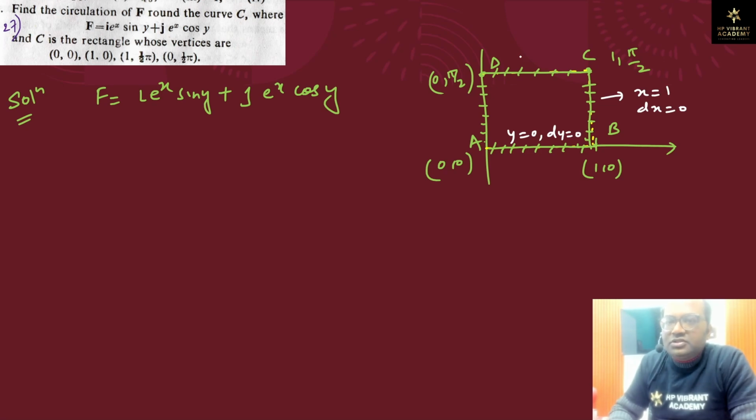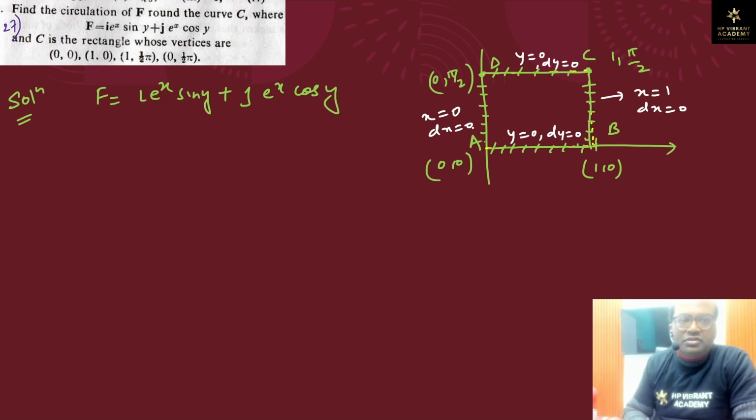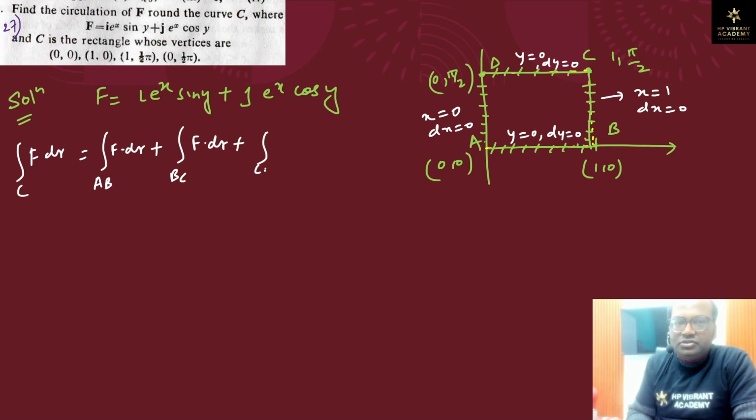Along DC we have y is equal to pi by 2 and dy is equal to 0. Along AD we have x is equal to 0 and dx is equal to 0. So let us calculate one by one. So we have the integral of f dot dr along the curve C is equal to the integral along AB of f dot dr plus along BC f dot dr plus along CD f dot dr plus along DA f dot dr.